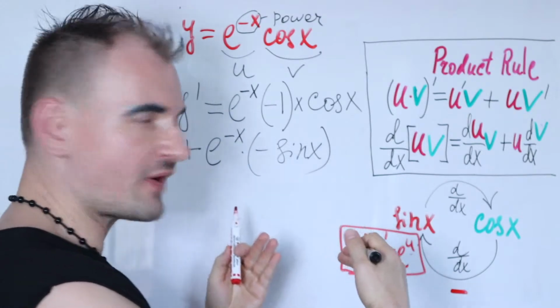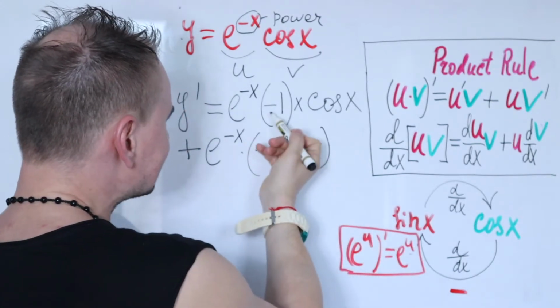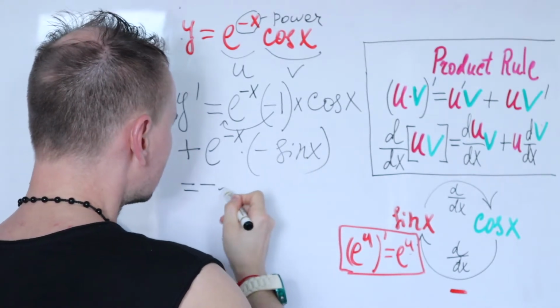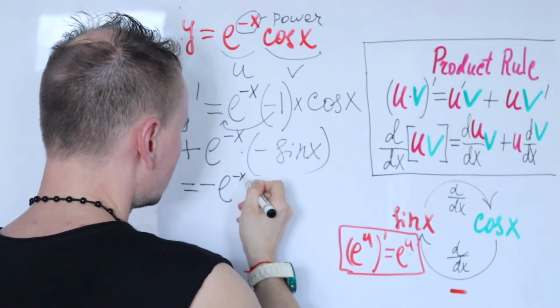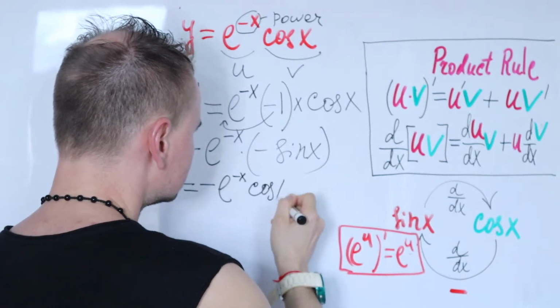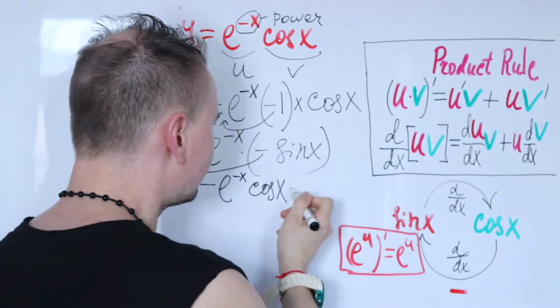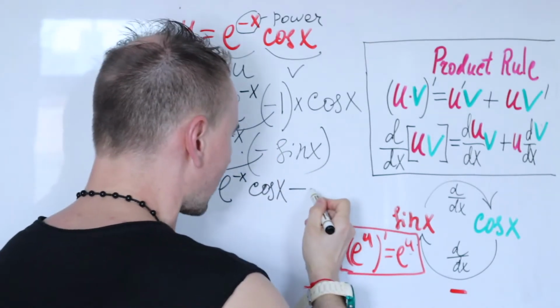We're done with the product rule. Now, just simplify it down at this stage. As I said before, this negative just drag down out front. And this negative as well, we could pull it out in front, so it becomes negative overall.